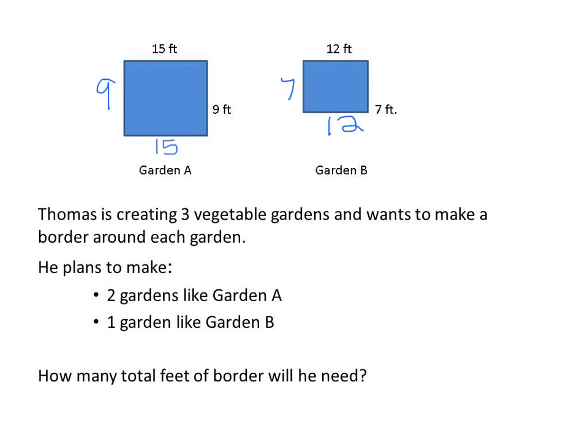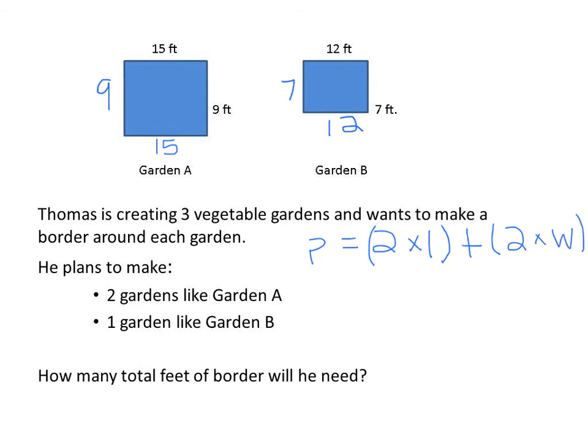So now I want to figure out what is my perimeter for this one up here. I'm going to use a different formula for showing the perimeter for these. We also have a formula where P equals 2 times the length, and that's in parentheses because we have to do that first, plus 2 times the width.